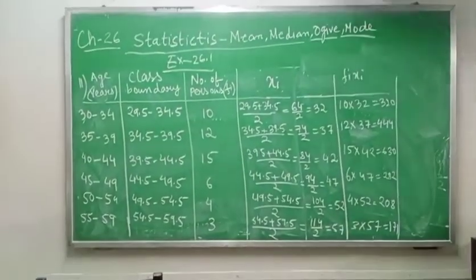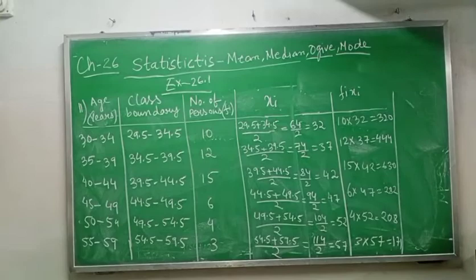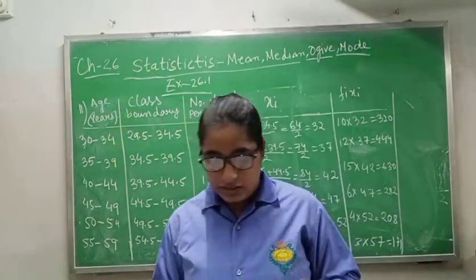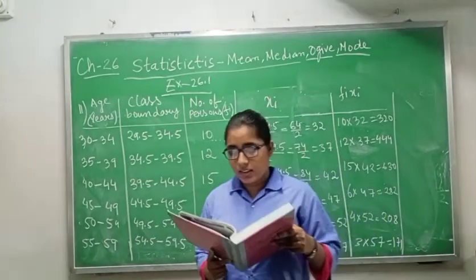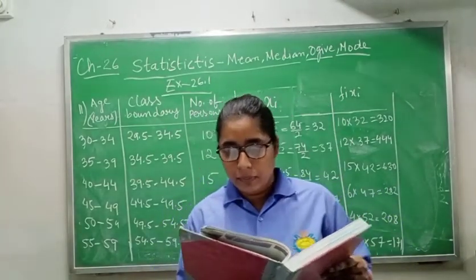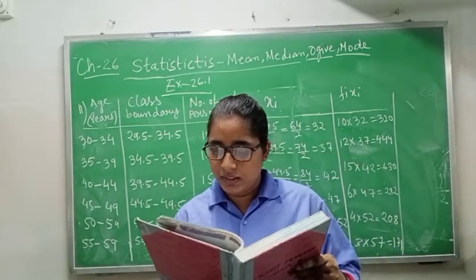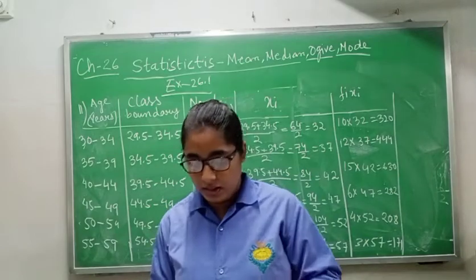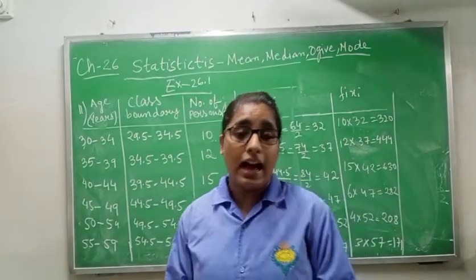Now class 10, see question number 11. First read the question properly. Let us see the ages of the persons present in a meeting and determine their average age from the following table. So they are telling you to find the average.